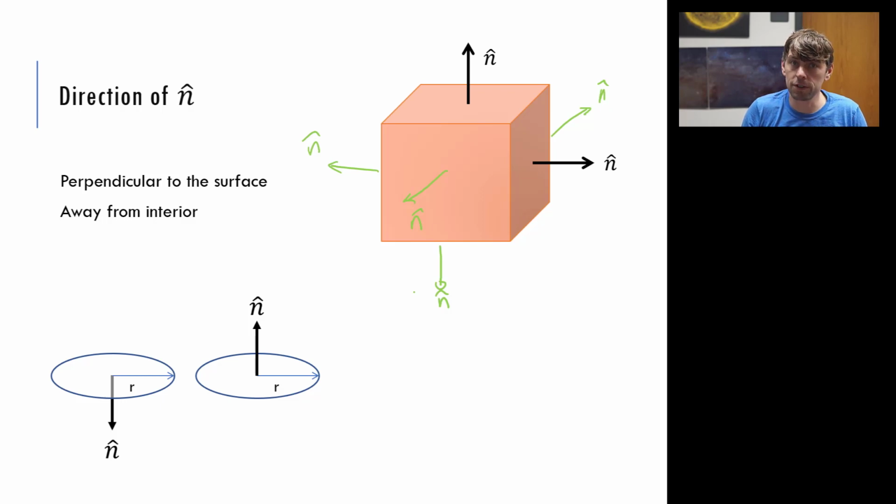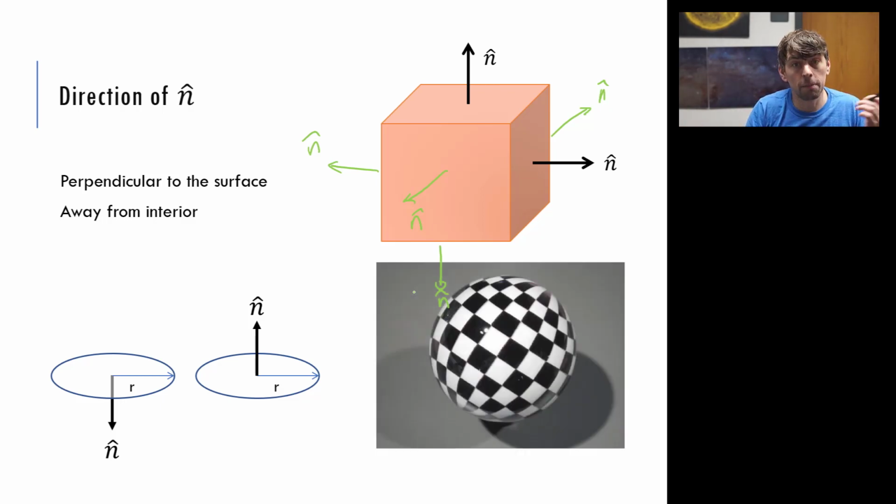Now that's for a situation where there are 6 different surfaces, but you could imagine some surface that is continually curved, which means that there are many different n hats. For example, a sphere. Each of these little segments of the sphere has an n hat pointing in slightly different directions.